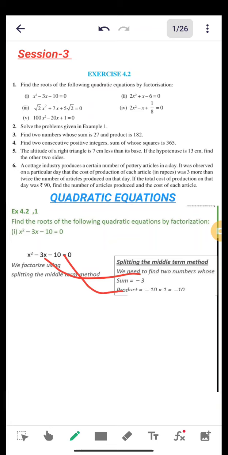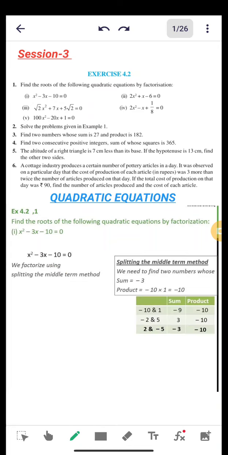So we need to find two numbers whose sum should be minus 3 and product should be minus 10. So for that I can take minus 10 and 1, minus 2 and 5.